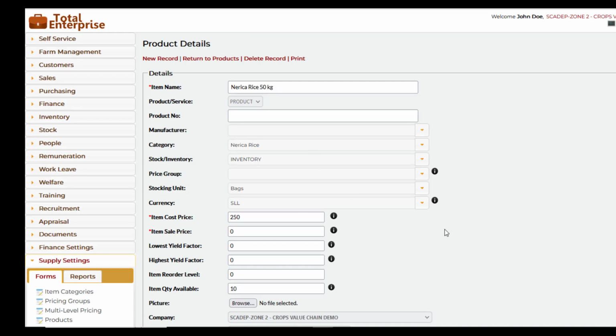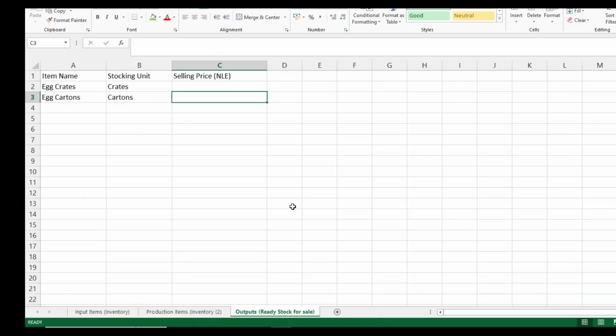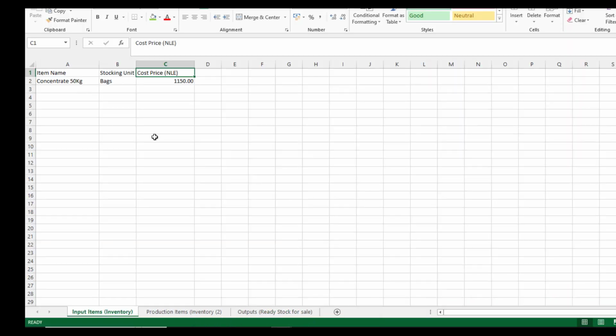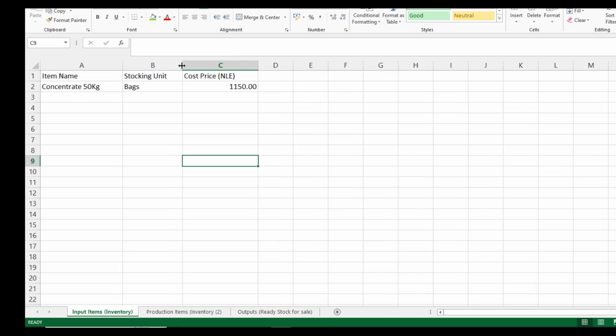Here on the page, you notice that there are more fields than the three that are listed here. So for input items, your interest is to record the item name. Your main interest is your item name, the stocking unit, and then the cost price.